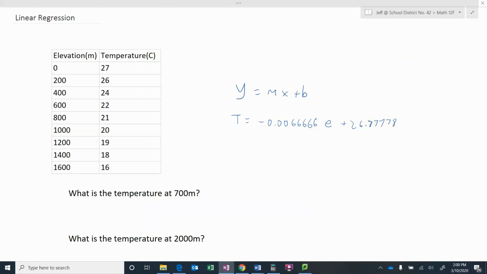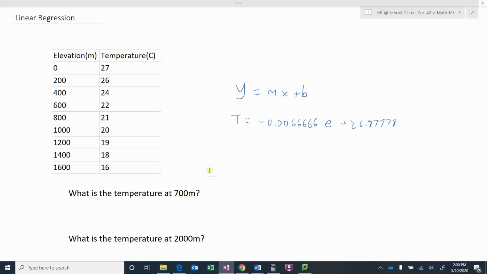Okay, so now we have an equation that should give us an approximation of the temperature at any elevation you want. So when it says what's the temperature at 700 meters, I've got actually 3 ways I could do this. I could look at my table and say, okay, 700 is halfway between 600 and 800, so maybe 21.5.